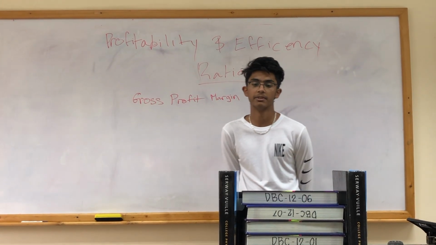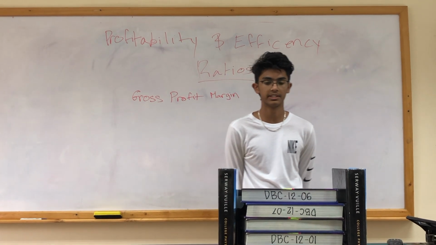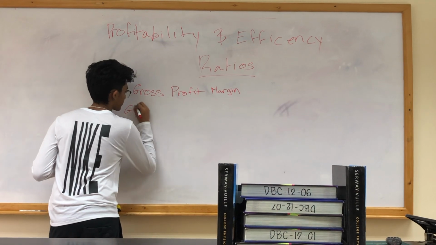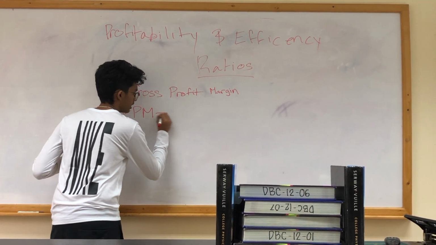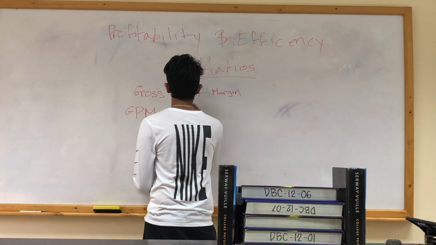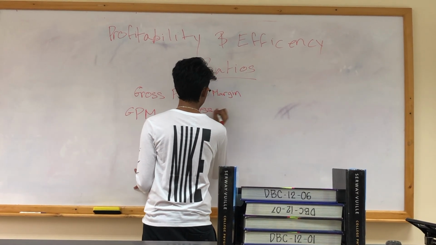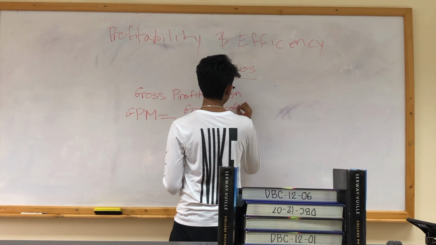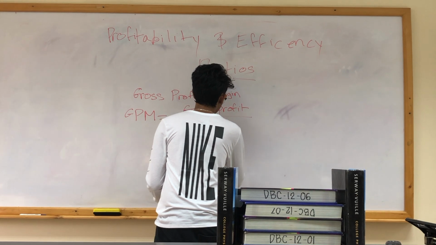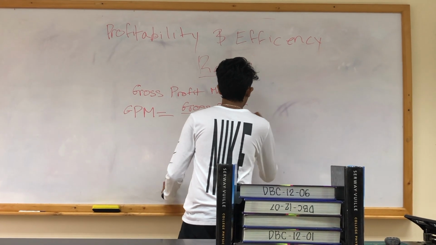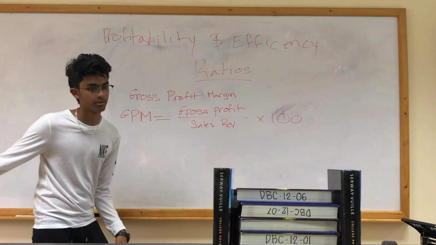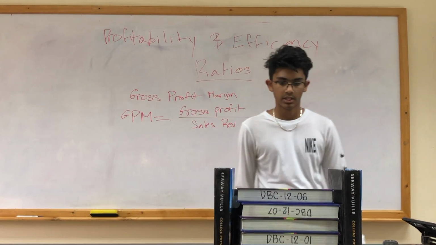It indicates the profitability of the core business activities, and it's calculated by the formula: the GPM is equal to the gross profit over the sales revenue. So you have the gross profit, and then you would times it by 100 at the end to get a percentage.